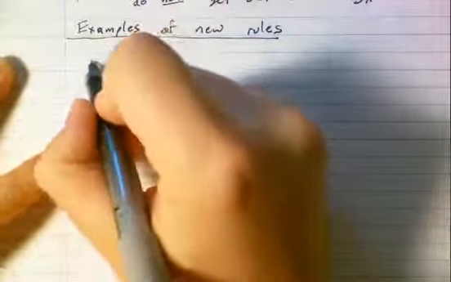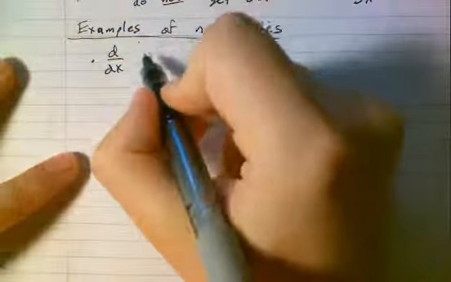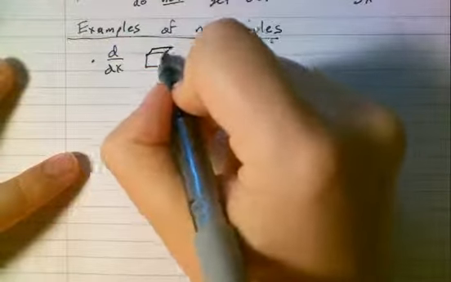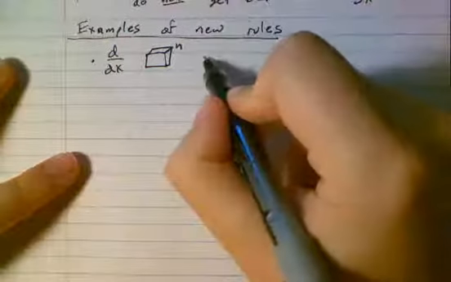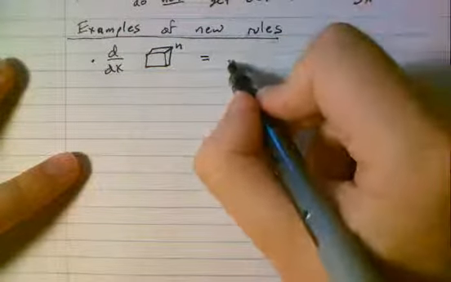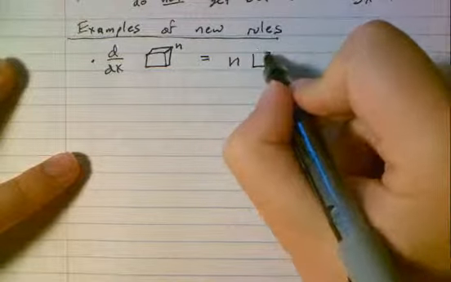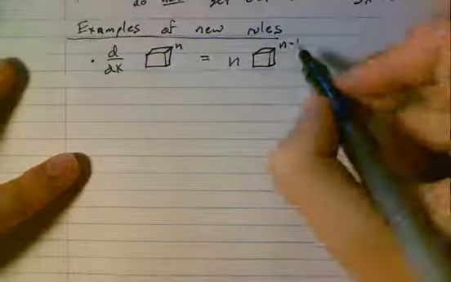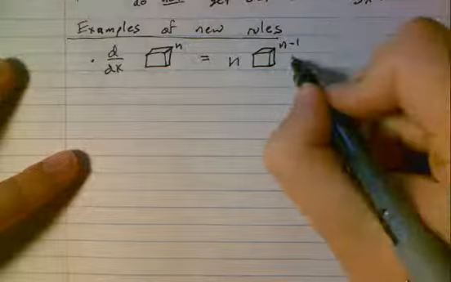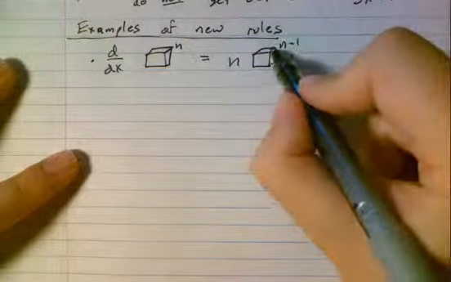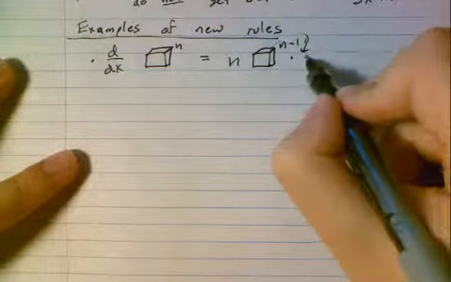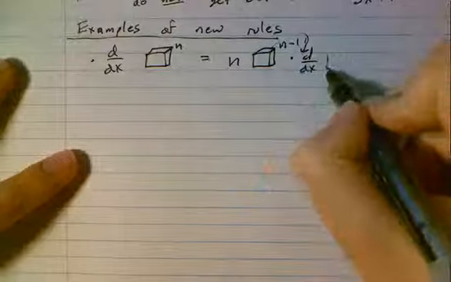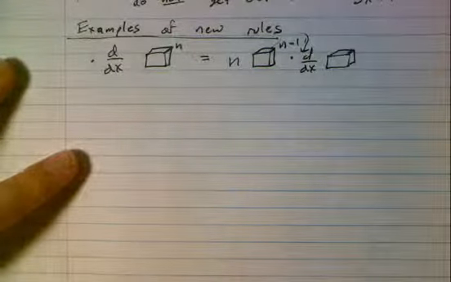If we have a situation where we're saying let's find the derivative of something to the nth power, that's going to be bring down the exponent, keep whatever's in the box, and subtract 1 from the exponent. And then we also have to multiply by the derivative of whatever's in the box.